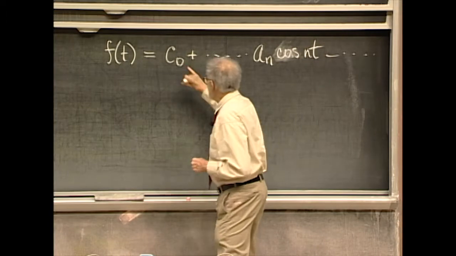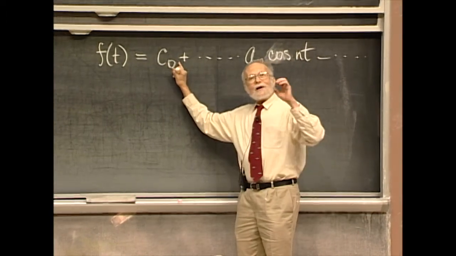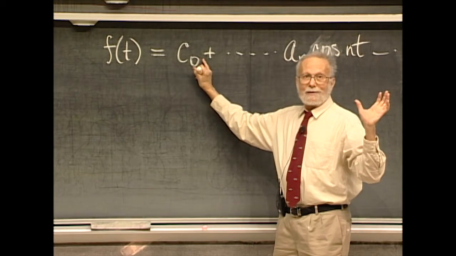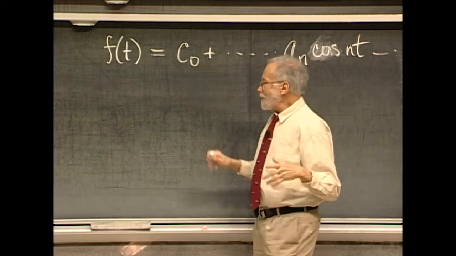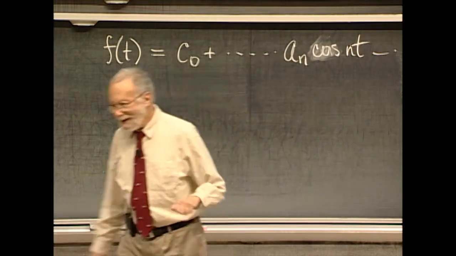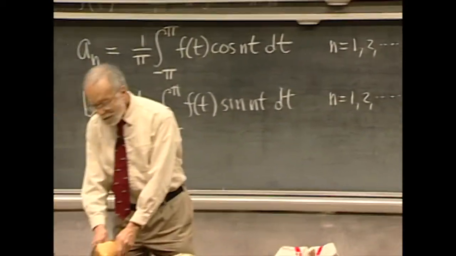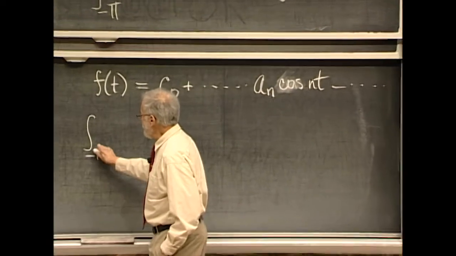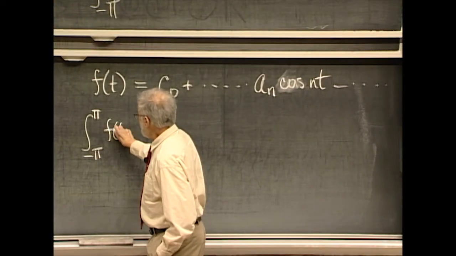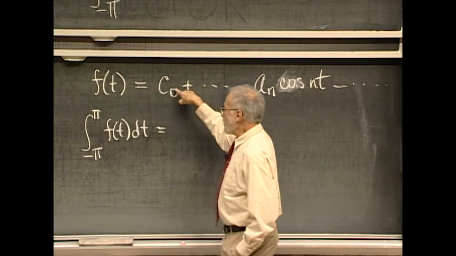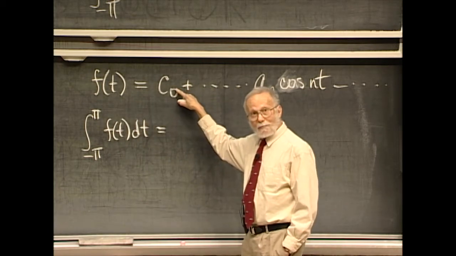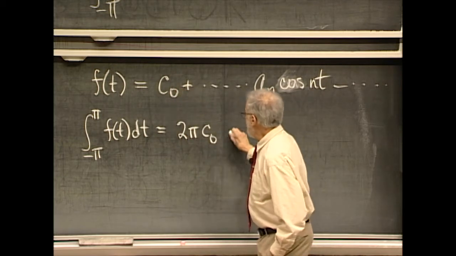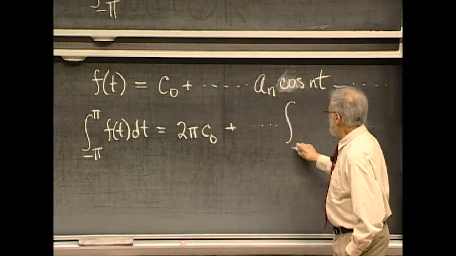Well, if you think of this as sort of like a constant times cosine 0t, and cosine 0t is 1, that suggests I should multiply by 1. In other words, what I should do is simply integrate this from negative pi to pi, f of t dt. What's the answer? Well, this integrated from minus pi to pi is how much? It's c0 times 2 pi, right? And the other terms all give me 0.